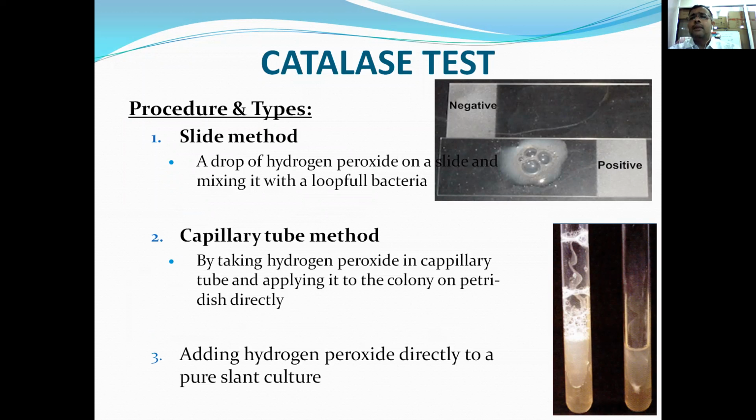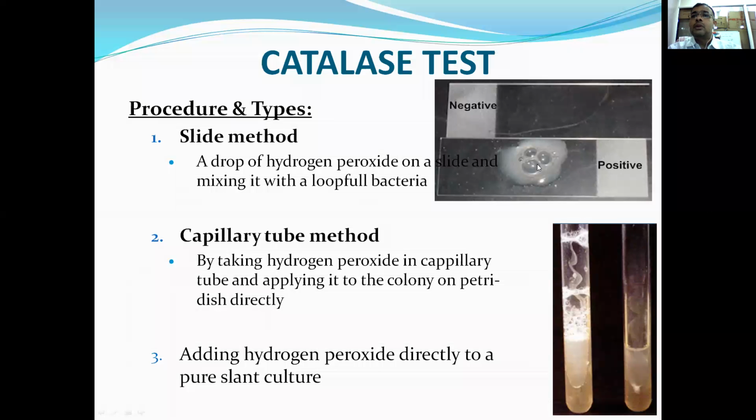Now moving to the next, how you can perform this catalase test. There are different methods. You can perform this test on a slide, or on a capillary, or you can directly add the reagent over your agar or the slant where the bacterial culture was grown. You can perform it any way, but the ultimate result is the same.